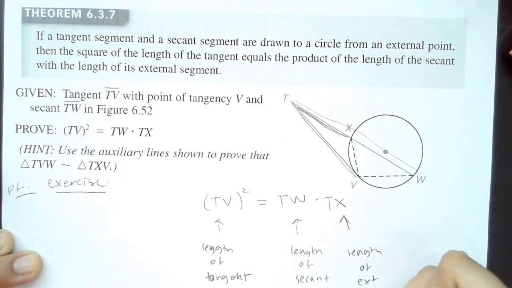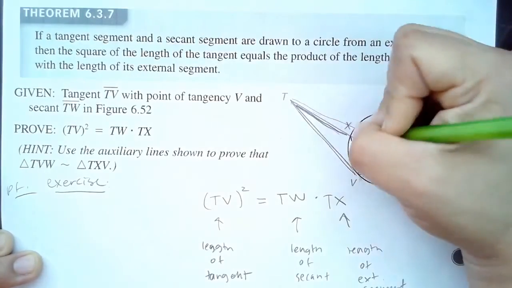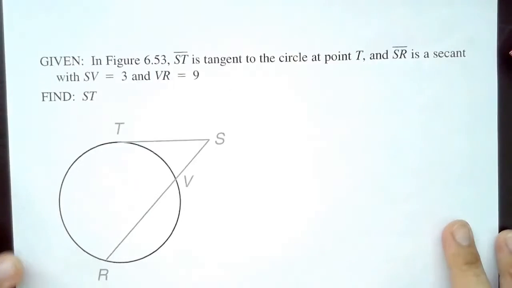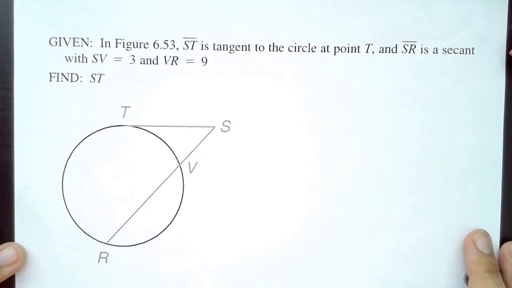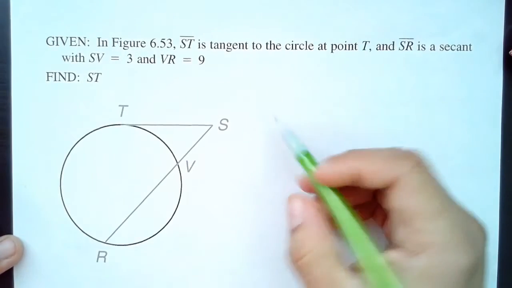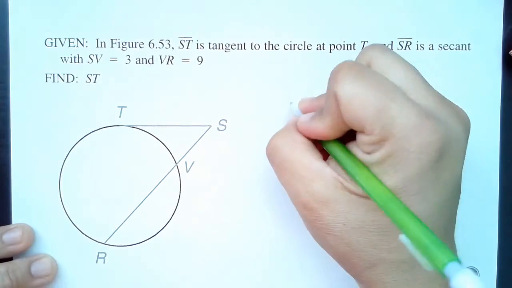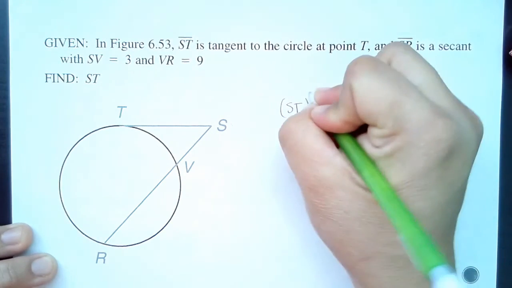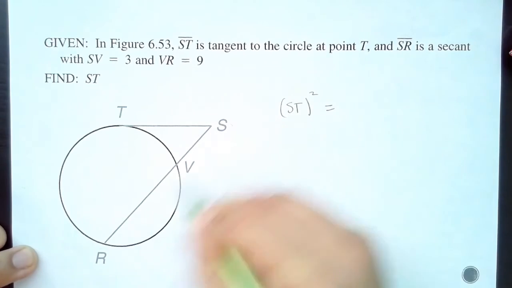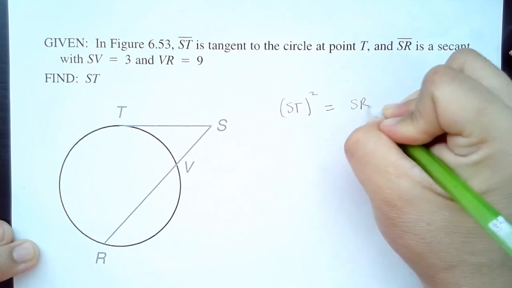So let's use it. Here we go. So here we have, okay, the length of the tangent, right? So ST squared is equal to the length of the secant times the length of the exterior segment, which is SV.